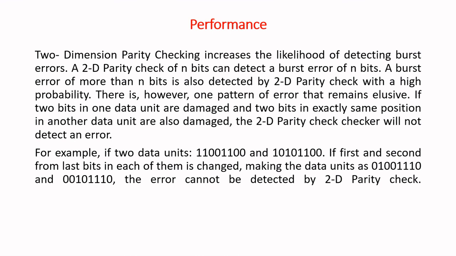If 2 bits in one data unit are damaged, the two-dimensional parity check will not detect an error. So the problem which was present in the two-dimensional parity check was removed in the checksum technique.